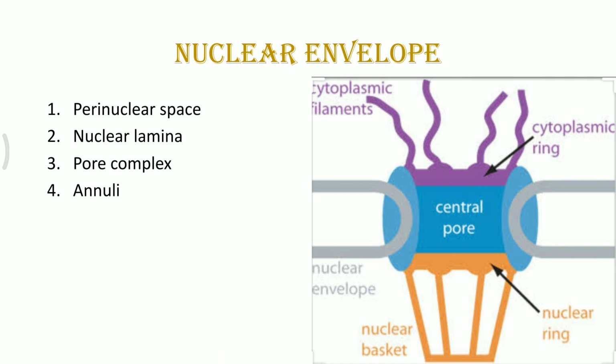It has those pores, the central pore, which allows tRNAs, mRNAs, enzymes, and certain substances which cannot diffuse through the nuclear membrane. And the nuclear envelope itself is the site for protection of the genetic material inside it. So these are some of the functions of the nuclear envelope.